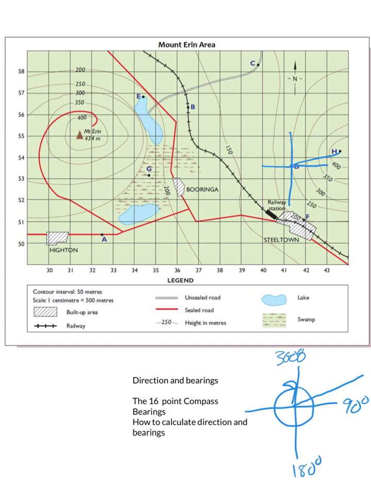I don't have any tools with me at the moment, but you would say that it is, say, 75 degrees east, northeast. So that's what we're talking about when we're talking about bearings. Direction is just the compass, and bearings is the degrees that are associated with that compass.